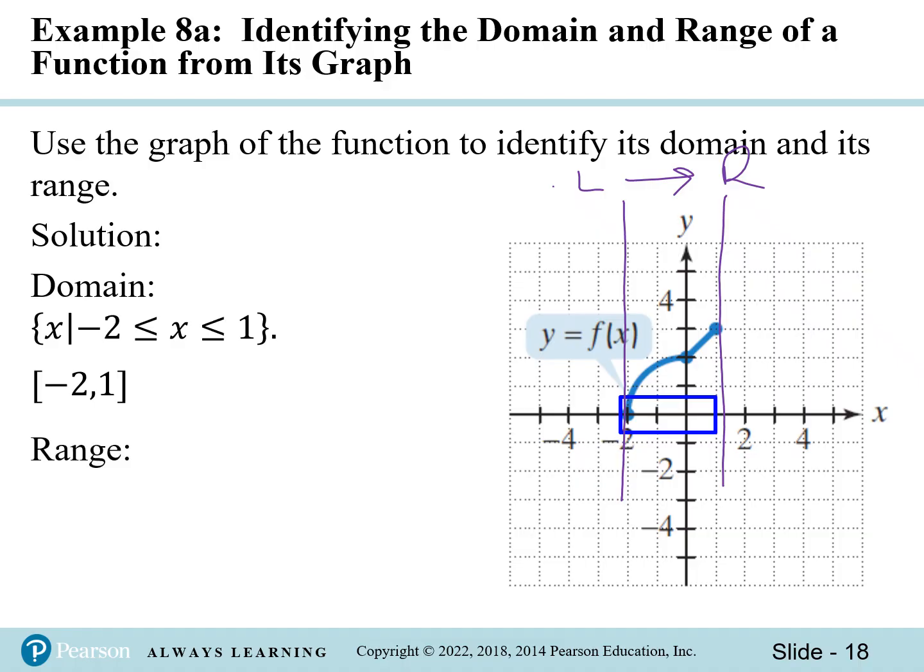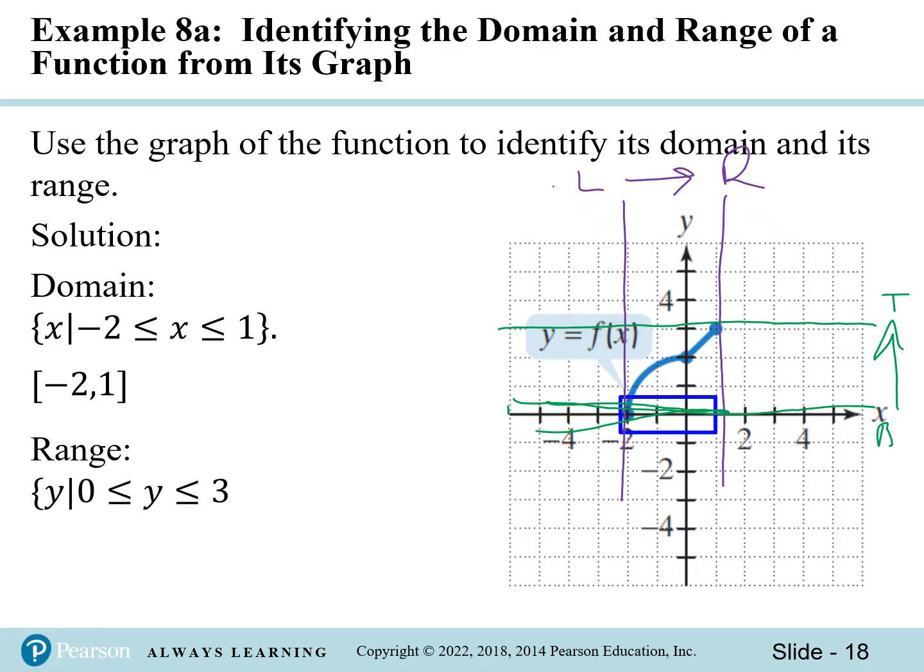For the range, this time we're going to read the graph from the bottom here. Looks like we start on the x-axis and we stop up here. So we're going to go bottom to top. So my smallest y value is 0 and my largest y value is 3.